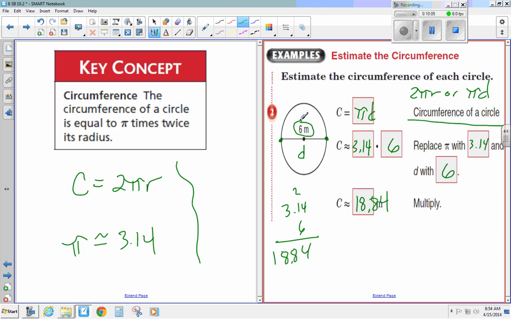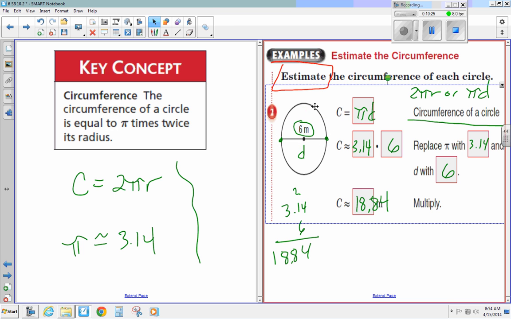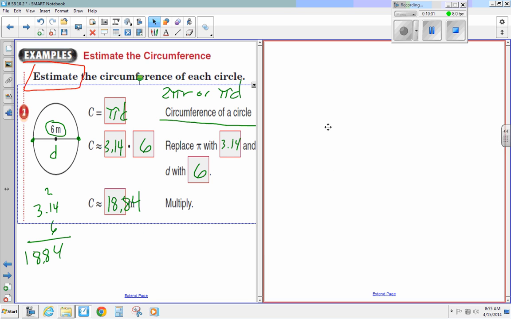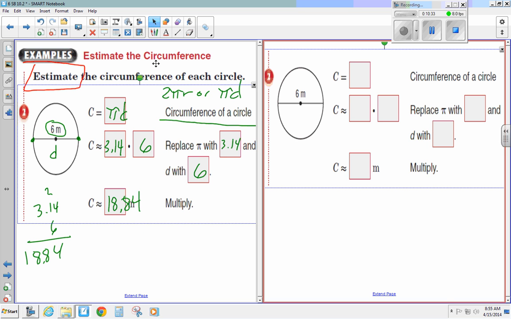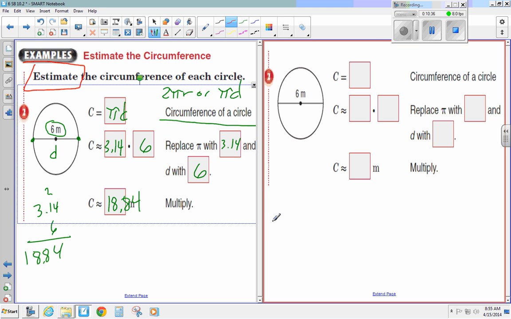Now, here is something I also didn't read. This is the pretty much exact answer. When it says to estimate, if you wanted to make this problem easier, you could say that pi, which is approximately 3.14, is also about 3.